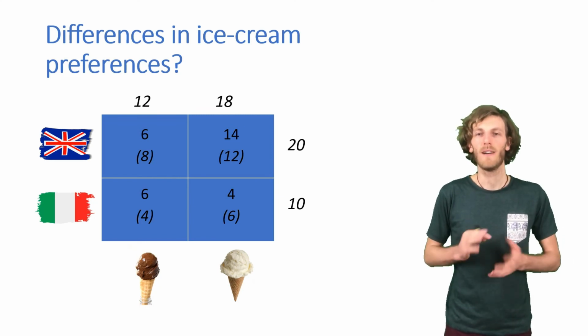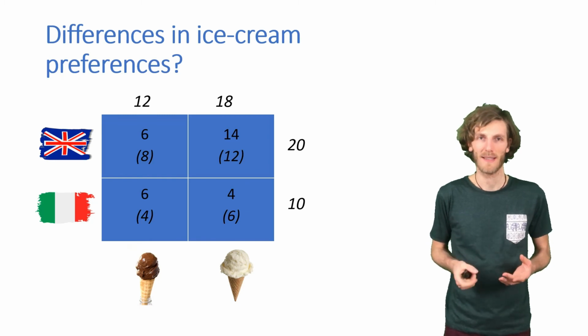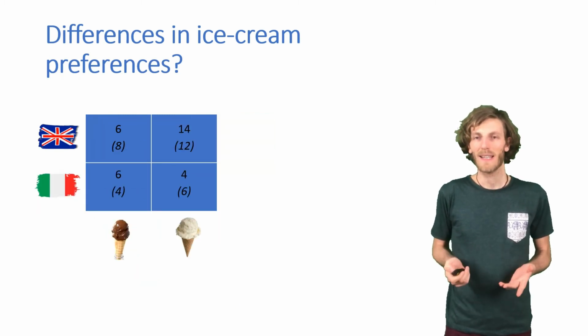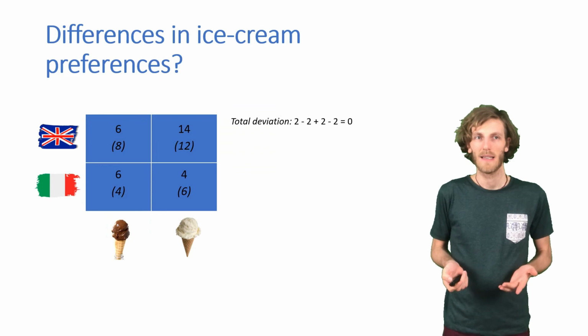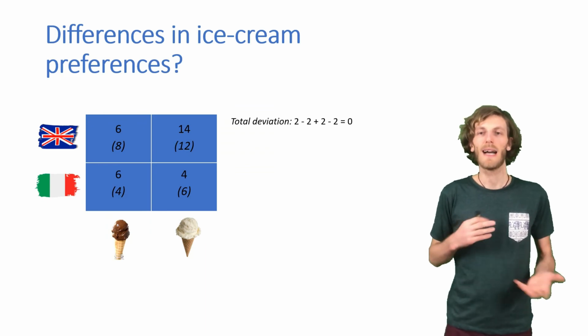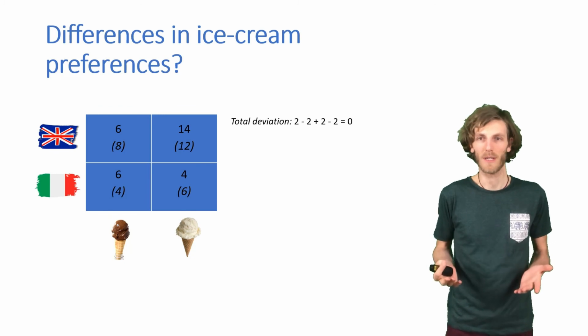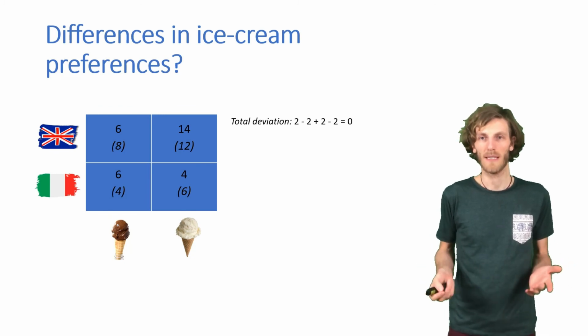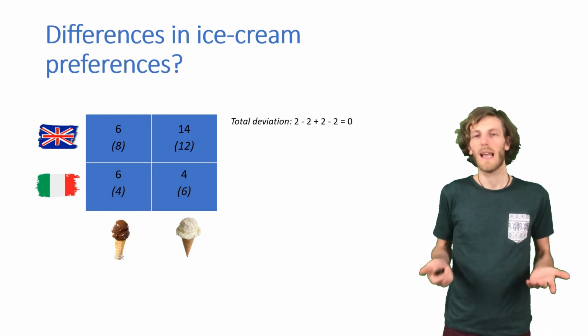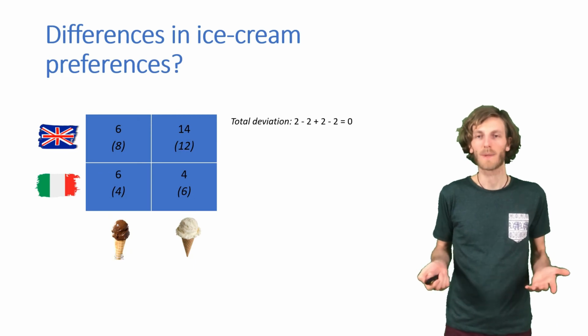Now, how far away is our data from the null hypothesis? It's not entirely obvious how we would calculate this. So the first step might be to just add up the differences in each cell. Unfortunately, that doesn't work, because they have to sum up to 0. We could add up the absolute differences.